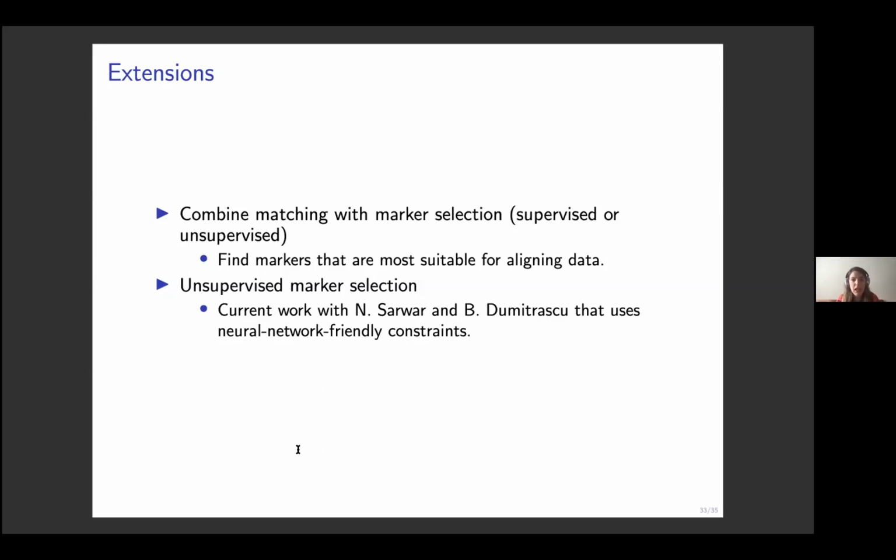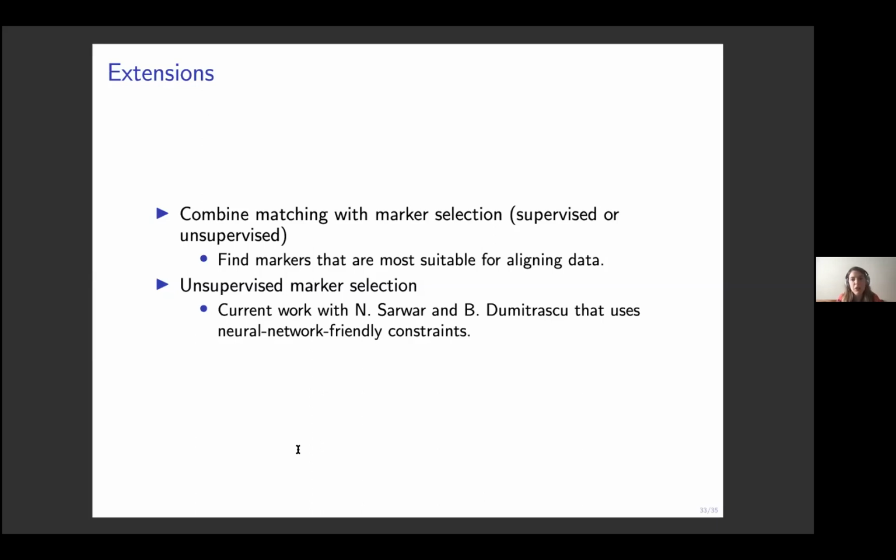And also something else that we are working on is to extend this idea of marker selection, but instead of the marker selection being used to identify the clustering structure, we want to use it for other purposes and find it in an unsupervised way, for instance, for data reconstruction.